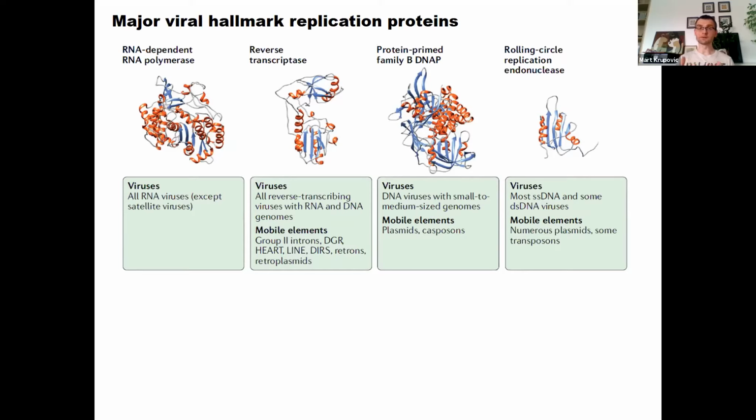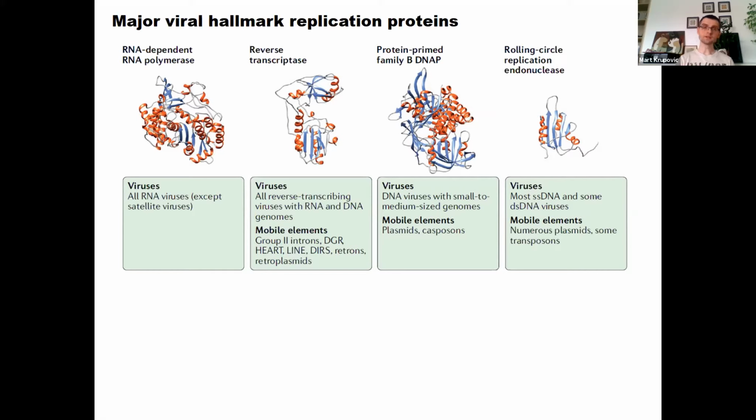The most notable examples of these so-called hallmark replication proteins of viruses include the RNA-dependent RNA polymerase found in all RNA viruses, reverse transcriptase in all reverse transcribing viruses, protein-primed family B DNA polymerases, and rolling circle replication initiation endonucleases. What is important is that these proteins do not have close homologs, or sometimes homologs at all, in cellular organisms, which would be involved in cellular genome replication.